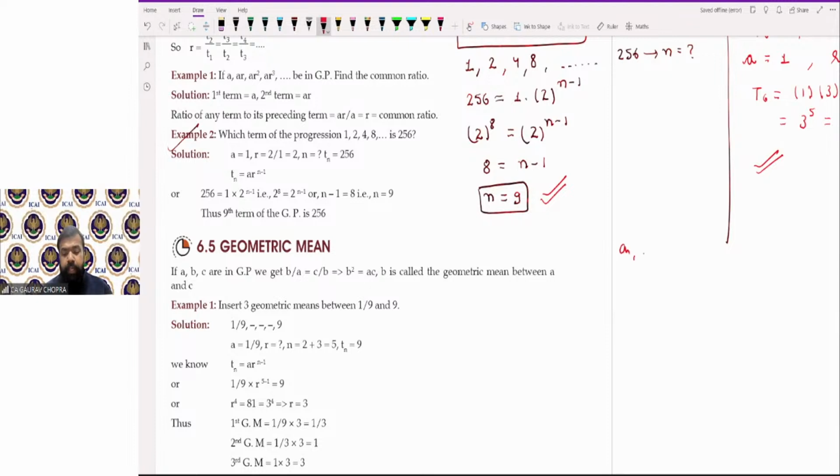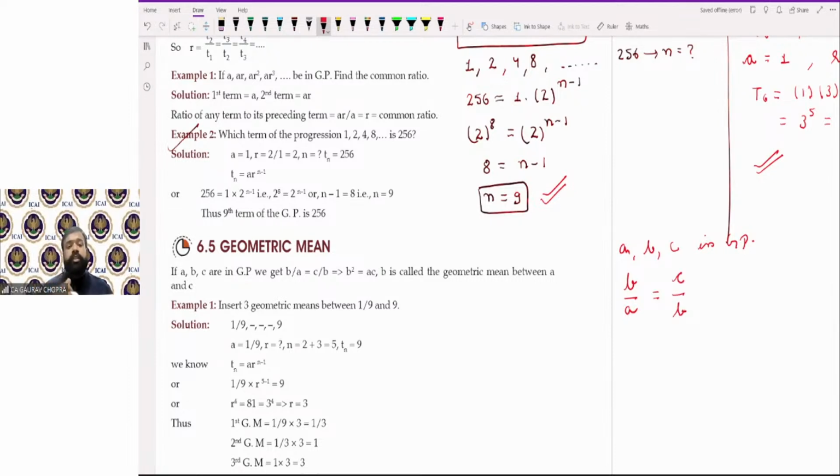Let A, B and C be three terms which are in GP. Then in order to find out the ratio, what do we have to do? Second term upon first term will be equal to third term upon second term, right?